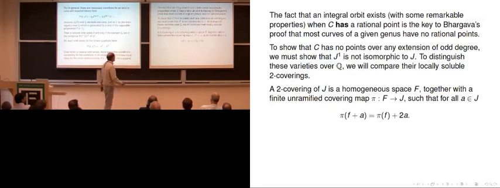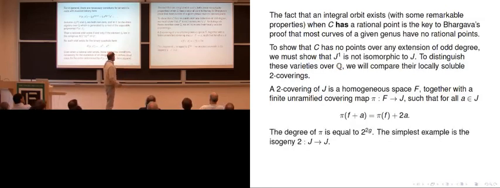And again, the preimage of 0 gives a homogeneous space for the 2 torsion in the Jacobian, because if pi of f is 0, then the only way you could translate it to get another thing where pi of f is 0 is by a 2 torsion element. So these 2 coverings all have degree 2 to the 2g.